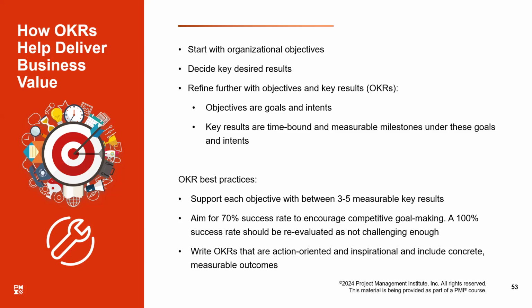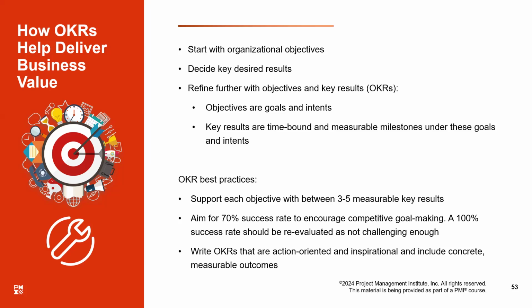Now the interesting part is it says you do not aim for 100% success. Just aim for 70% success rate to encourage competitive goal making. What does that mean? Because you are the people who are setting these objectives, and you will probably keep the targets very soft for yourself and not very challenging, and you will always be achieving 100%, which is not fair.